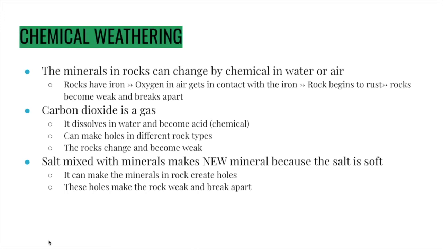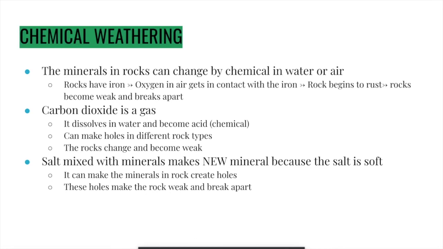Another example of how chemical weathering occurs is when salt, not the salt that can be found in your kitchen, but salt that exists in our environment, sodium, mixes with the minerals in rocks.